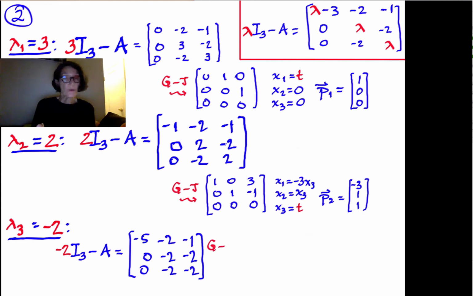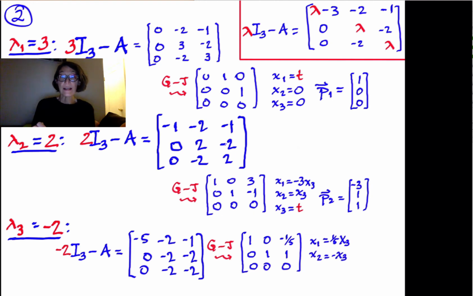And then the reduced row echelon form for this one is 1, 0, -1/5, 0, 1, 1, and then a row of zeros. So the first row gives us x1 is 1/5 x3. The second row gives us x2 is -x3, and then x3 is our free variable.